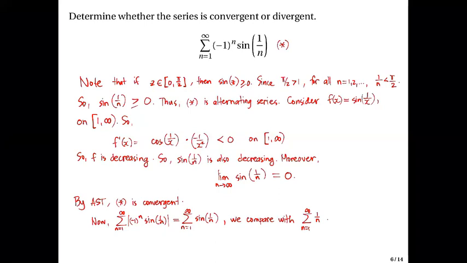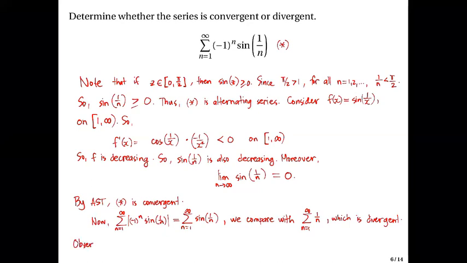I think this was already shown in one of the lectures, but let us do it here. So we compare this series with this harmonic series, which is divergent. So we use the limit comparison test.